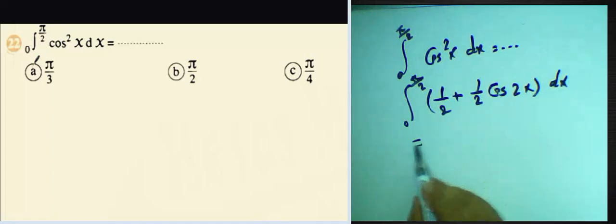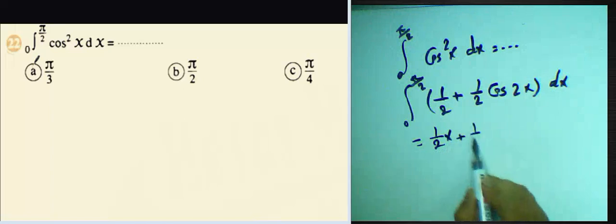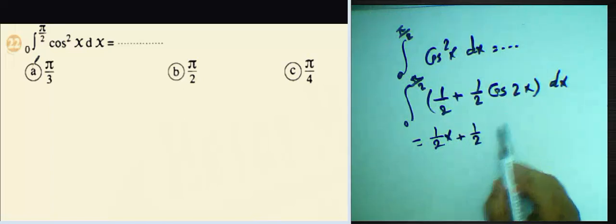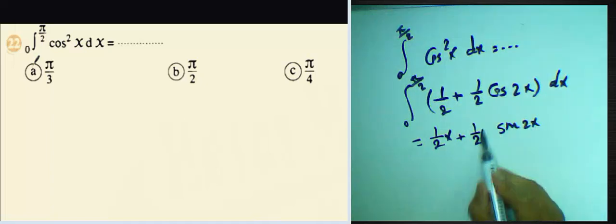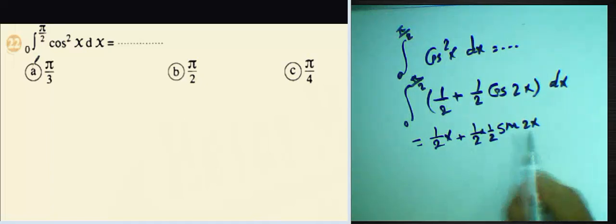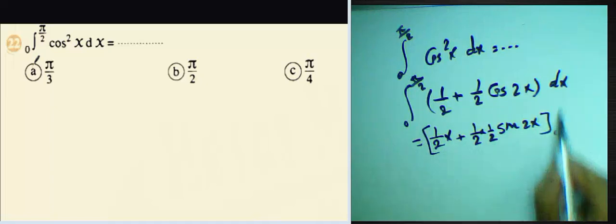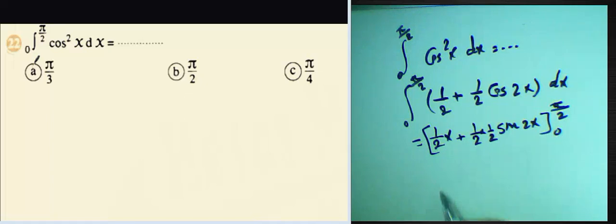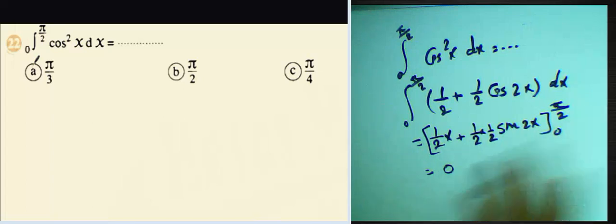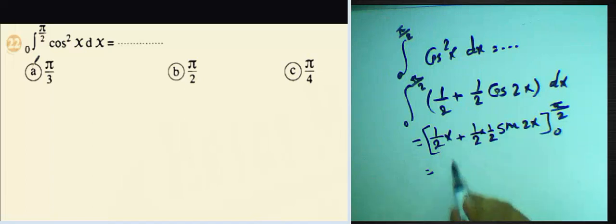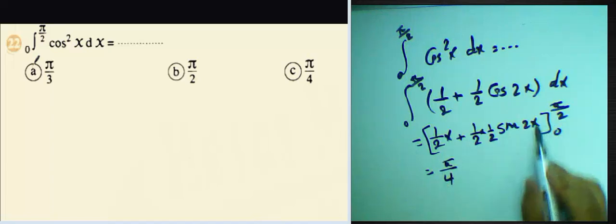The integration will be half x plus half times the integral of cosine, which is sine of this angle divided by the derivative of the angle, 2, from 0 to pi over 2. Write 0 here: 0 plus 0 equals 0. Now write pi over 2 here, and it will be pi over 4.